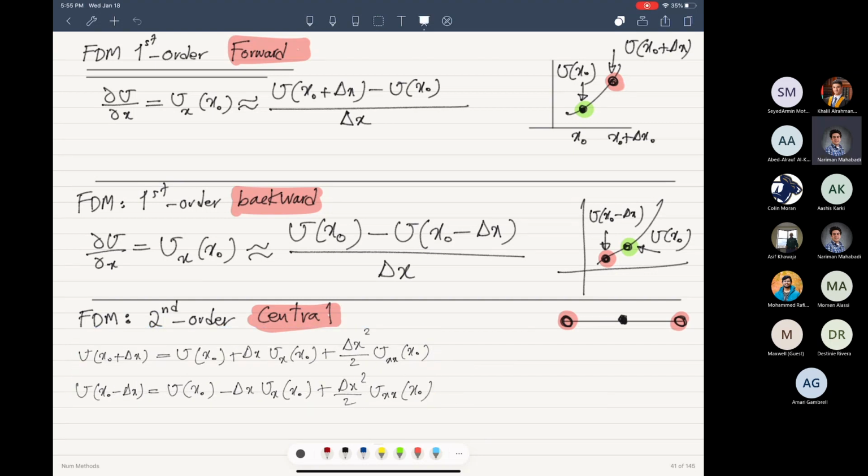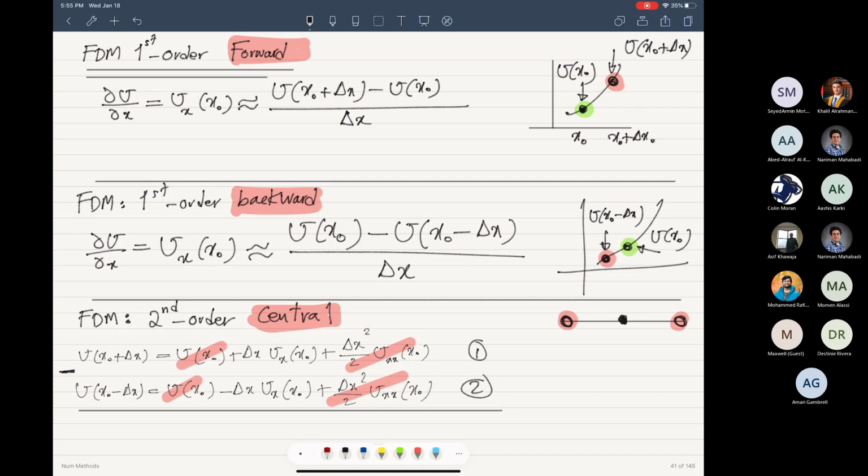If I subtract the second equation from the first one, let's see what would happen. These two will be cancelled, and these two will also be cancelled.